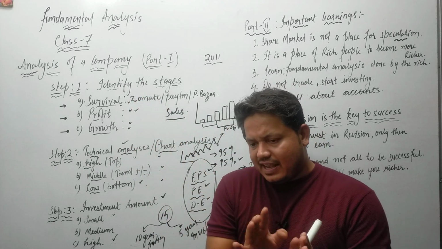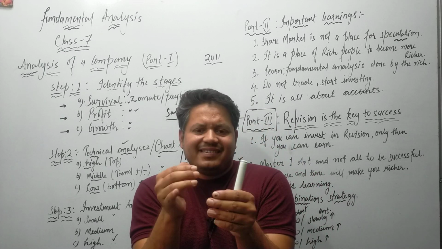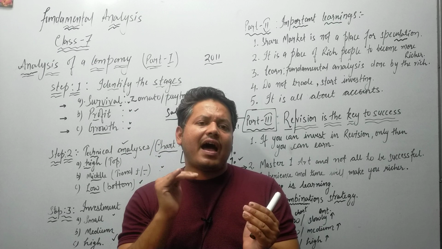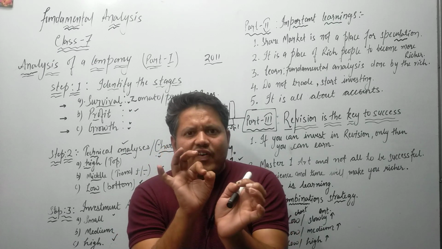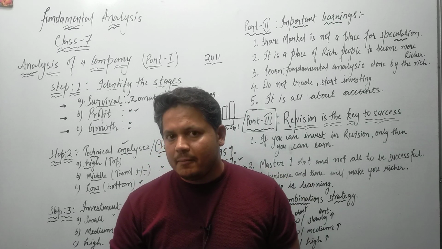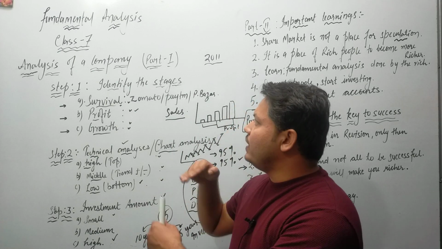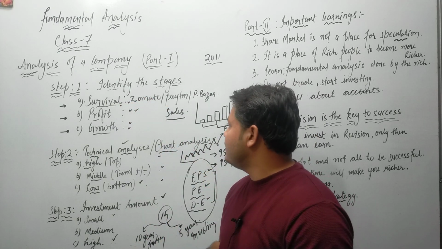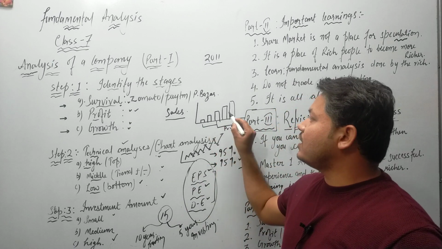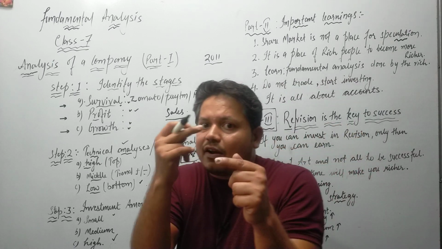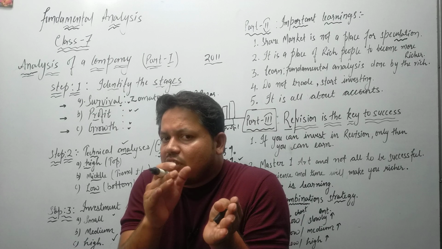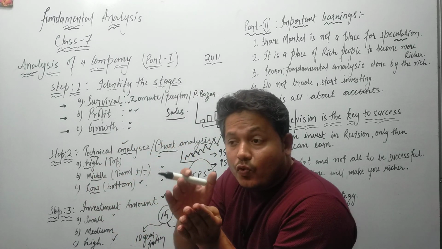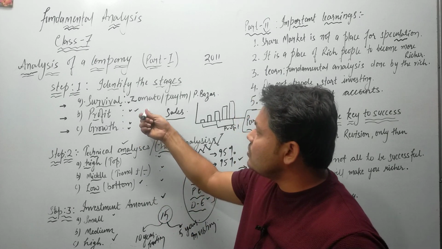So the learning is, when the company is in the survival stage, then look at the chart and try to find out the bottom of the chart. Because slowly the company will move out from the survival stage, because the sales of the company were growing. If the sales are growing and the losses are narrowing, then the company is moving towards the next stage.